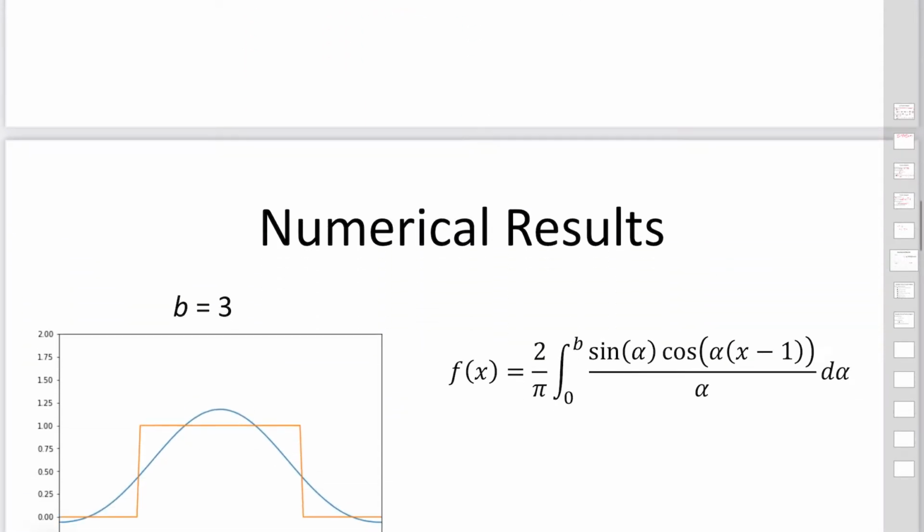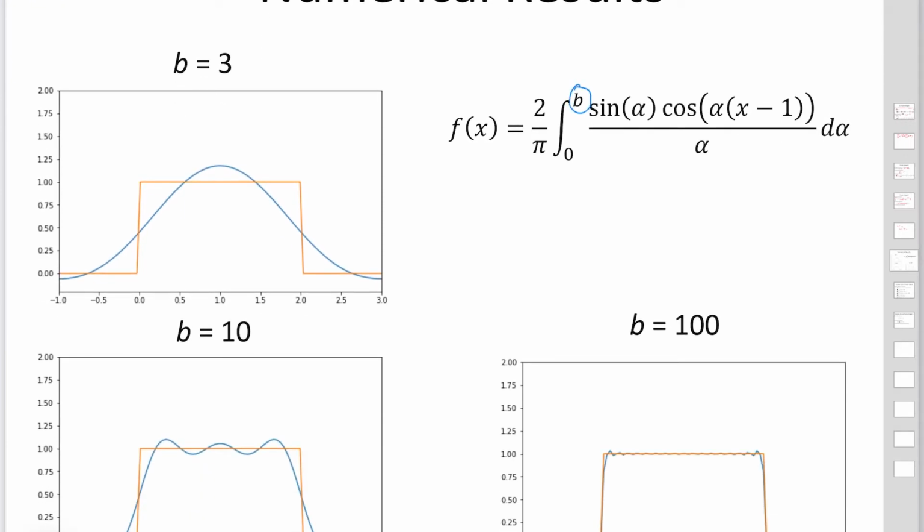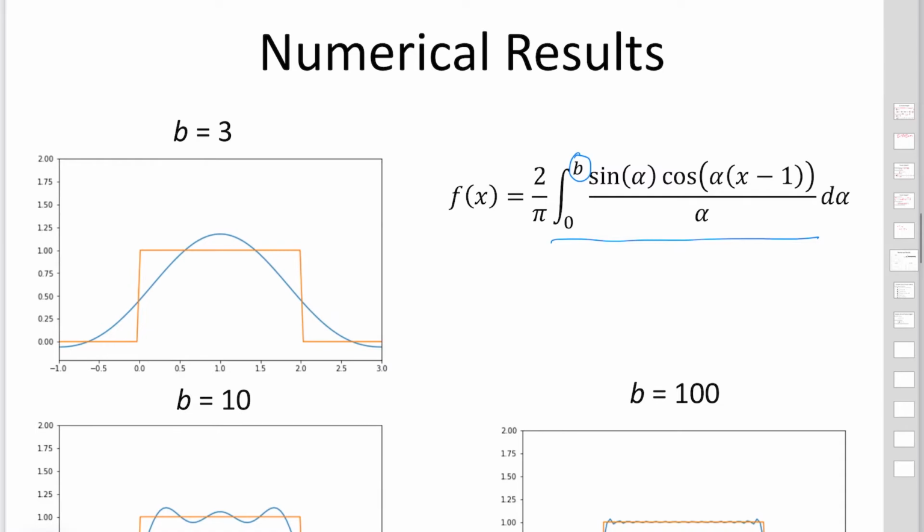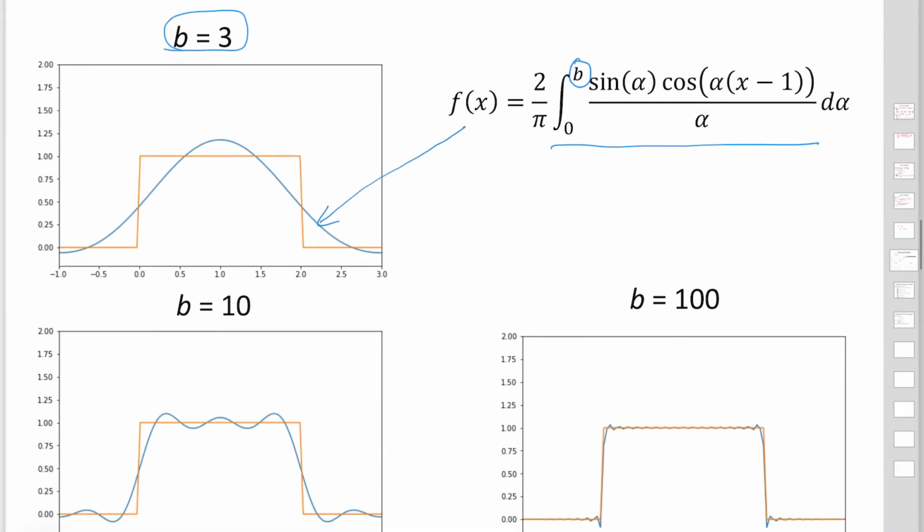As the upper limit, we choose b. By changing b, we calculate this integral to find f. If we choose b equals 3, this calculation corresponds to f(x), the blue line. And the original function f is given by the orange line.